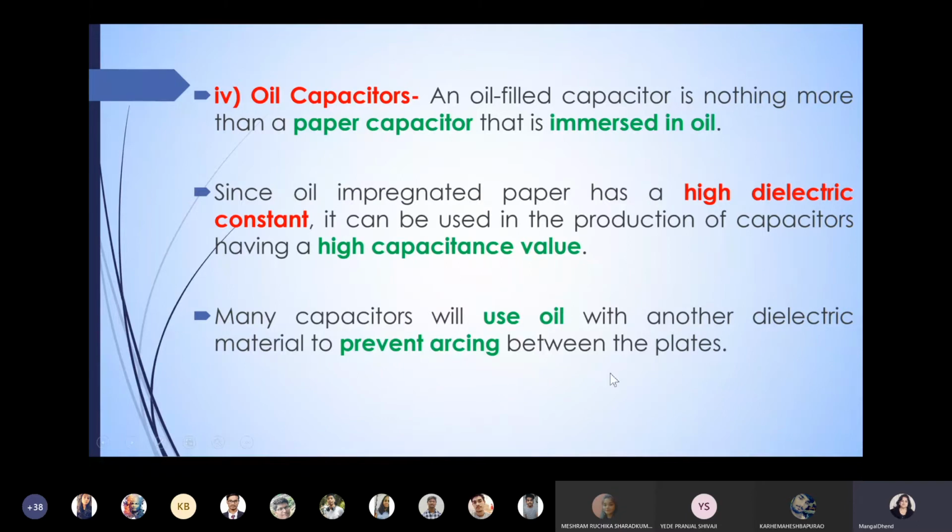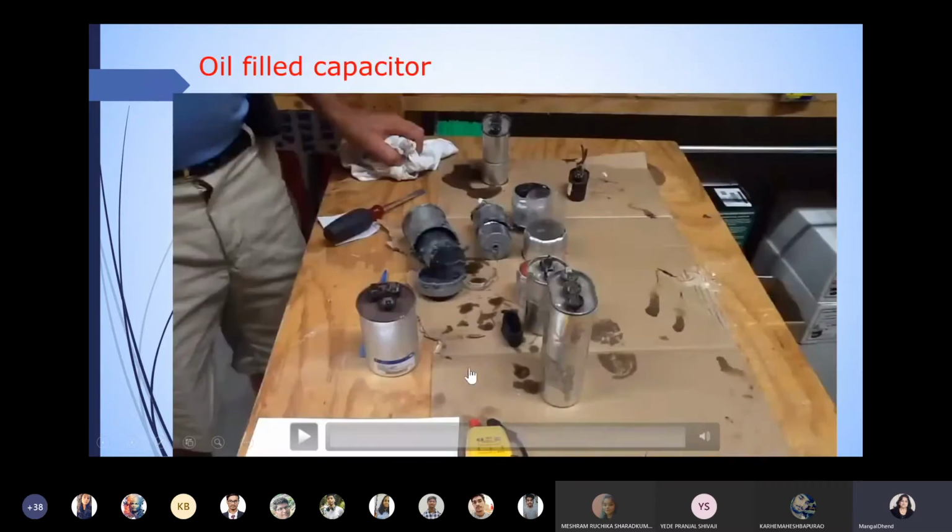So you have to use other materials which are very fire resistant and will help in quenching the arc. So these are oil filled capacitors. I am not able to take you to the capacitor bank, where they use large capacitors in transmission line capacitor banks. That is similar to oil filled capacitors. You watch here.